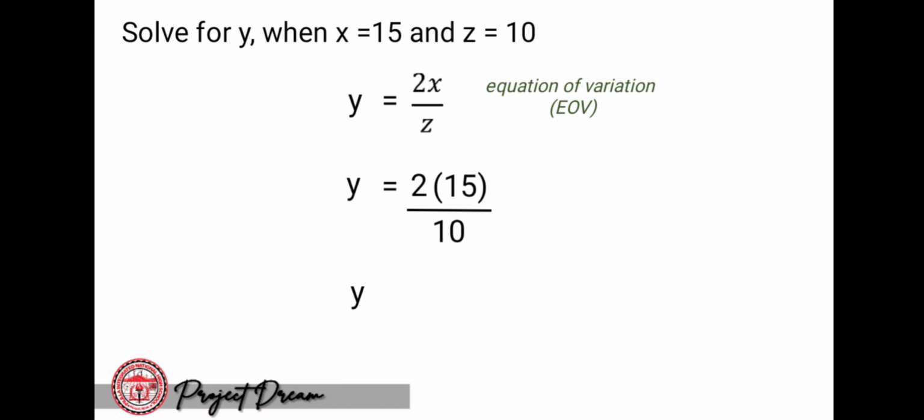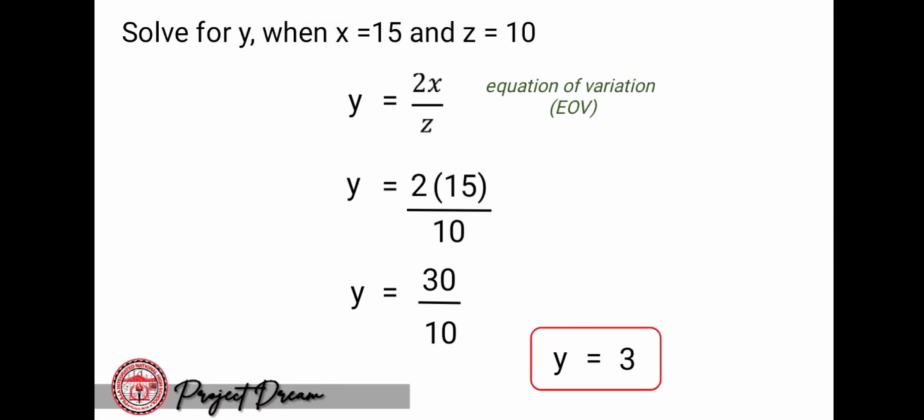So, kopyahin ulit natin si y equals, simplify muna natin yung numerator. So, we have 2 times 15, the answer is 30. Kopyahin si denominator na 10. Ngayon, simplify na natin. 30 divided by 10, it becomes y is equal to 3. Therefore, the value of y is 3 when x is equal to 15 and z is equal to 10.